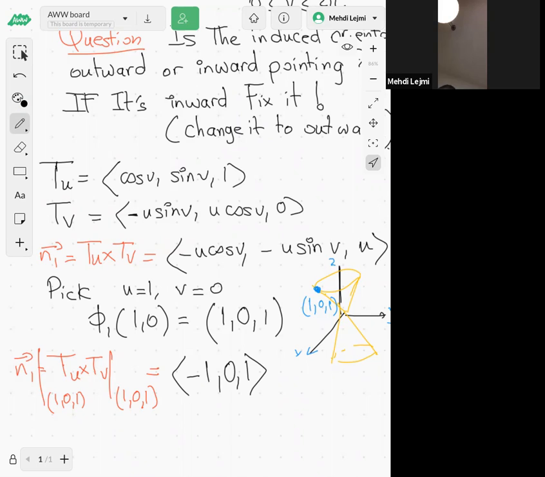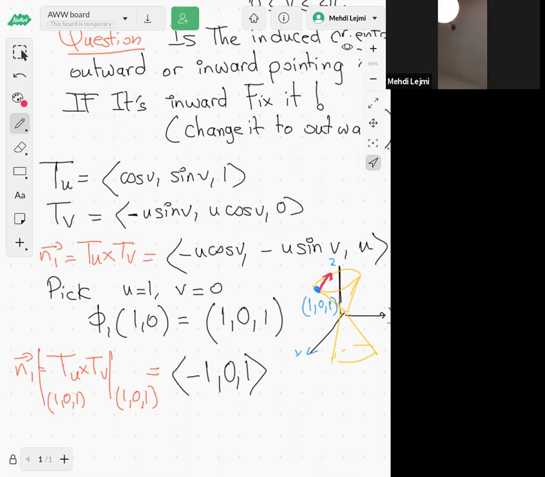So you have to draw this vector starting from the point (1, 0, 1). Here's my point. I have to go negative 1 in the direction of the x-axis, then 0 in the direction of y, and then 1 in the direction of z, right? So it would be this vector here.